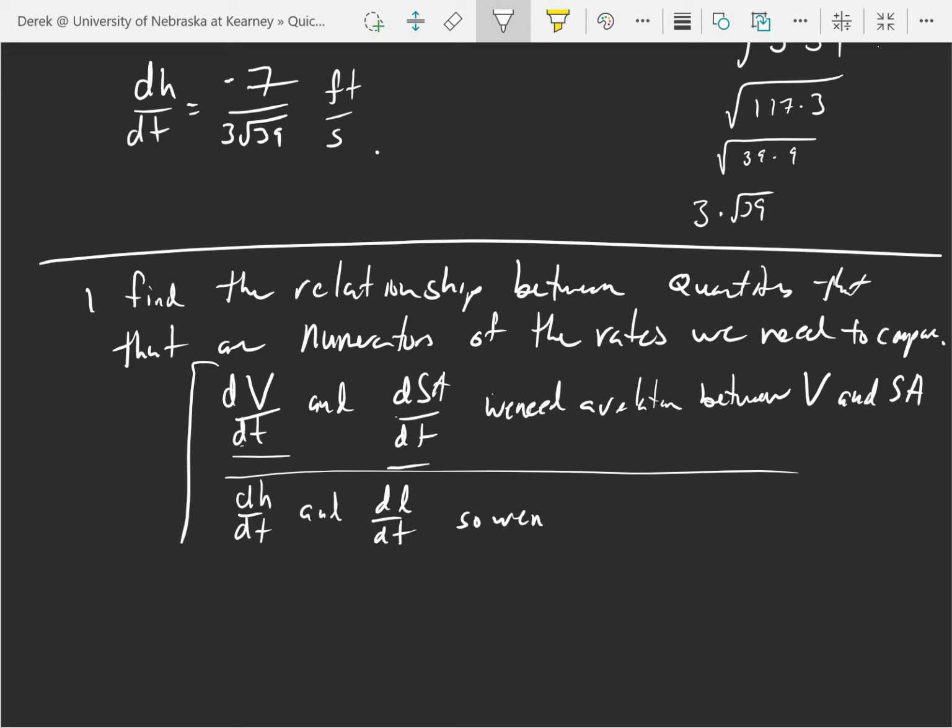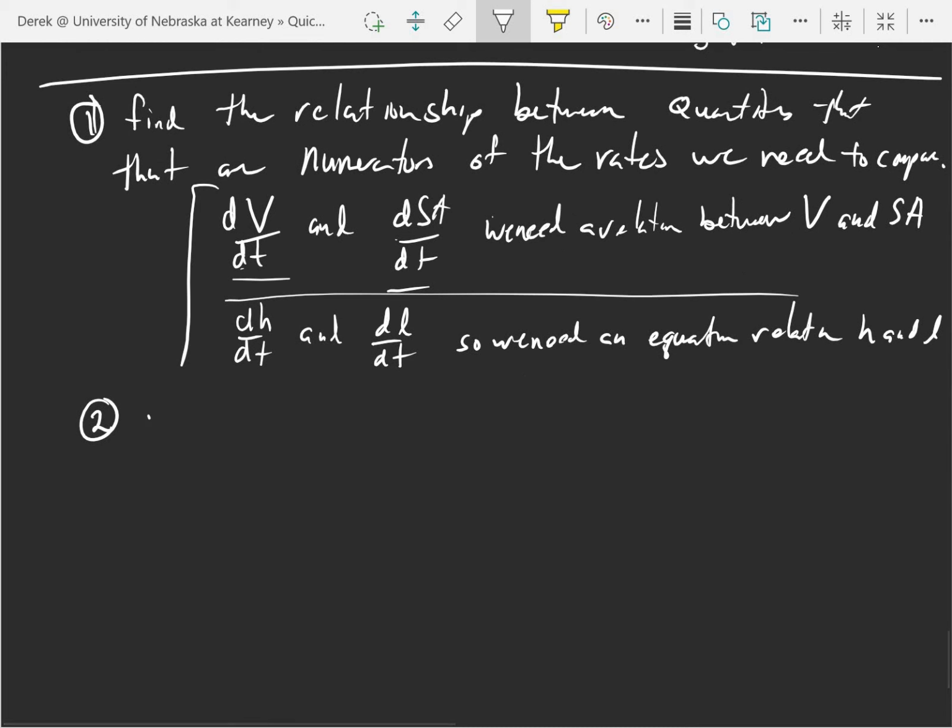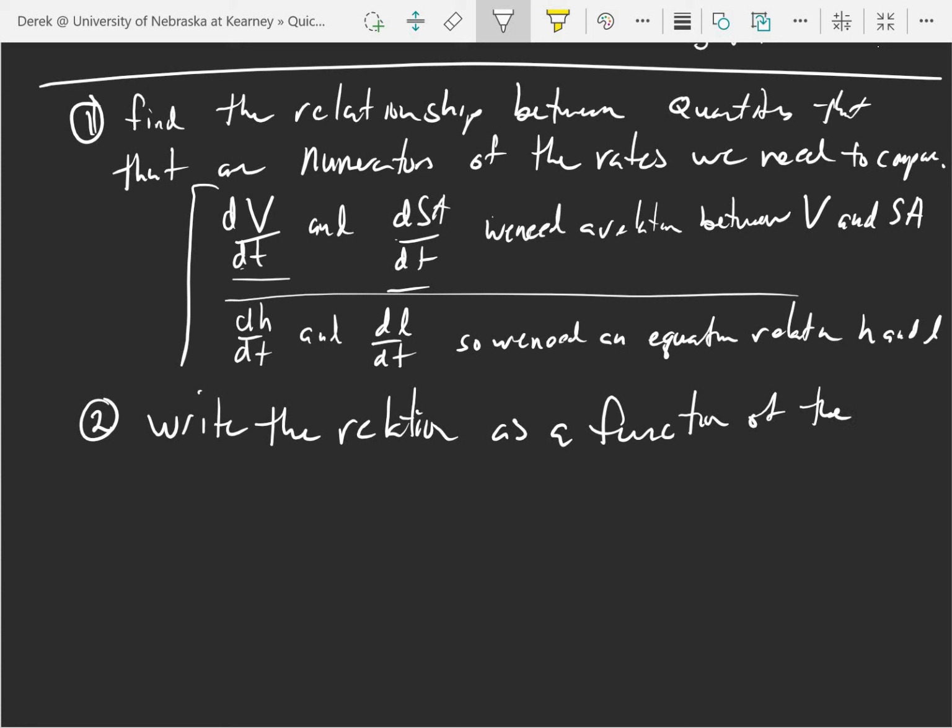So we needed an equation relating height and length. Okay, so that's kind of the first step. The second step is write the relation as a function of the denominator variable, the denominator quantity.